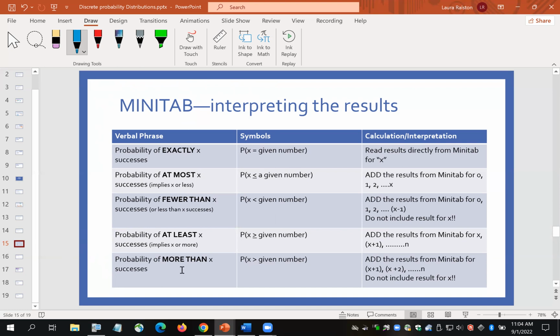Again, with lots of practice, it becomes kind of routine, but if I'm doing it for the first time or if it's been a while, I'm going to refer back to this table. So again, if nothing else, I would print slide 15.